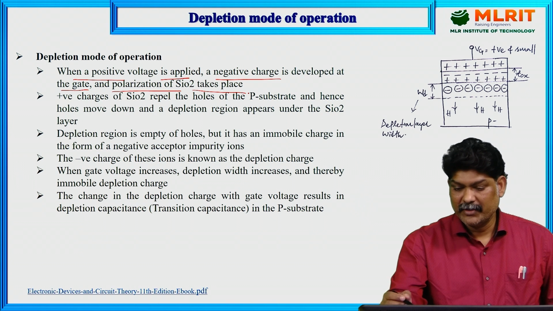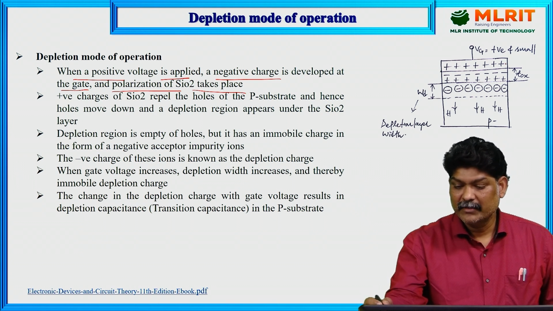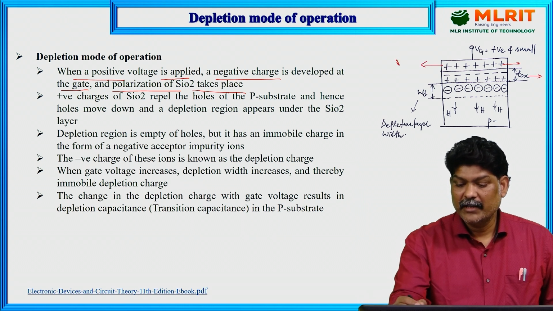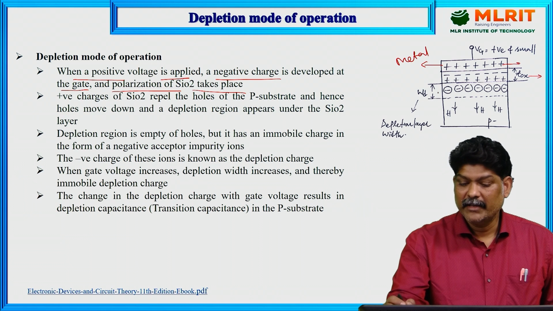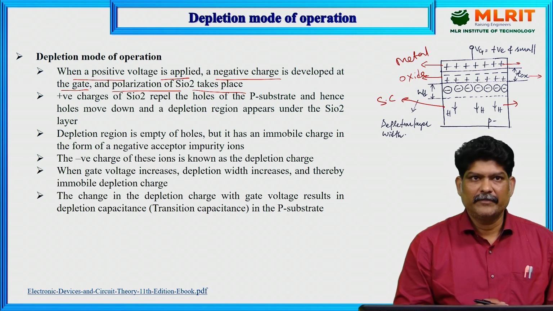If you observe, these are the 3 different layers: the first is the metal layer, this is the oxide layer, and the third is the semiconductor layer. It may be P type or N type semiconductor.